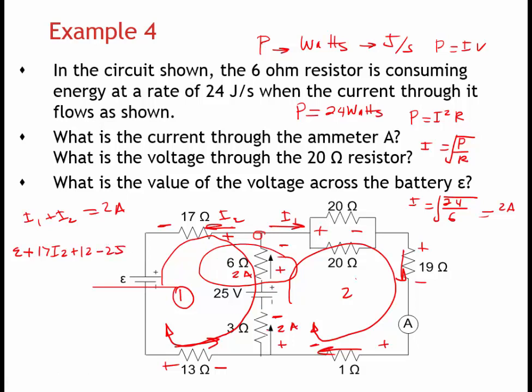Then here we have 2 amps and 3 ohms, so V equals I times R, 2 times 3 gives 6, so plus 6 volts. And then plus 13 times I2 equals 0.